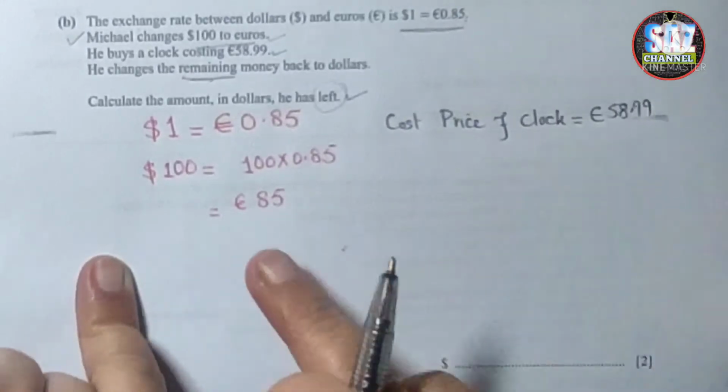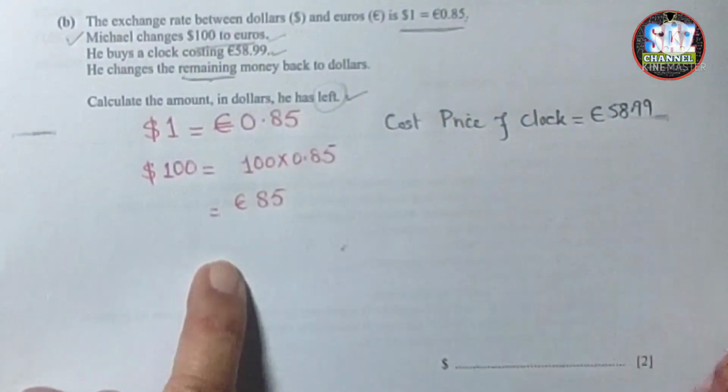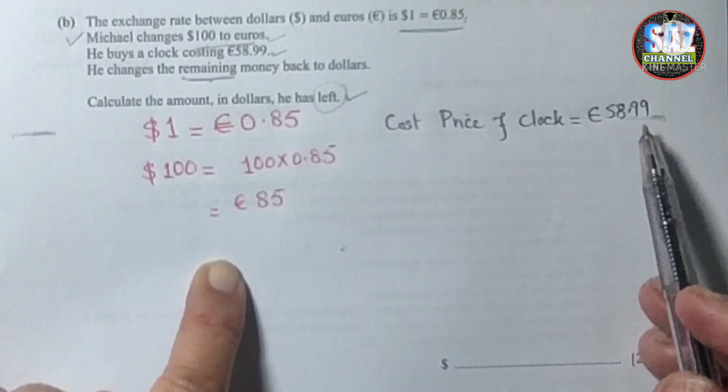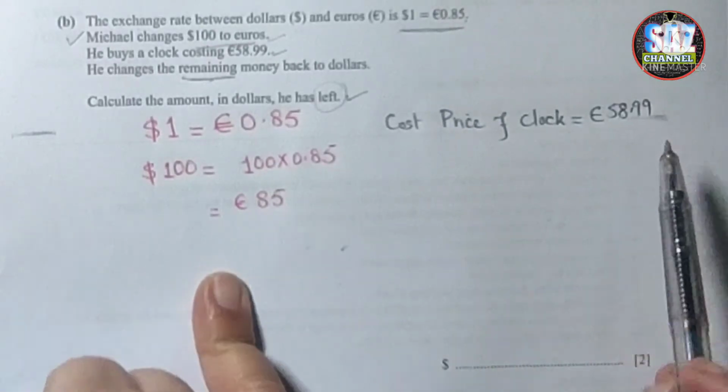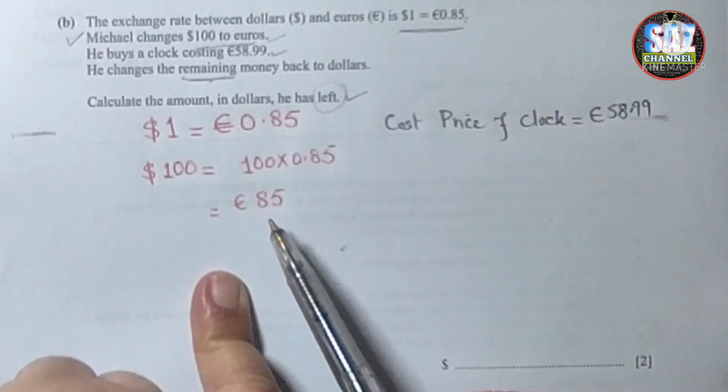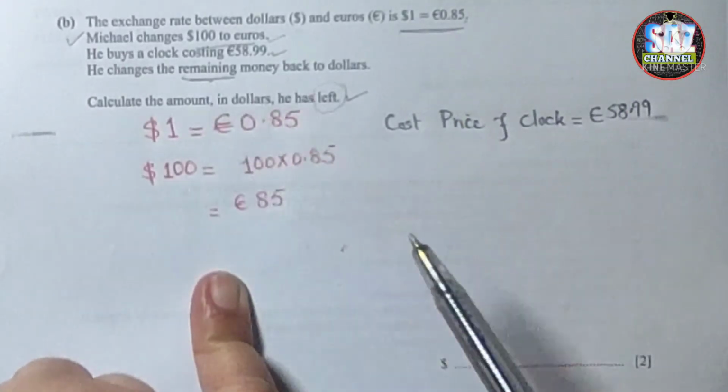Now look, out of these 85 euros, we are purchasing a clock that has the price 58.99, and after spending 58.99 out of 85 euros, how much amount will I have left?